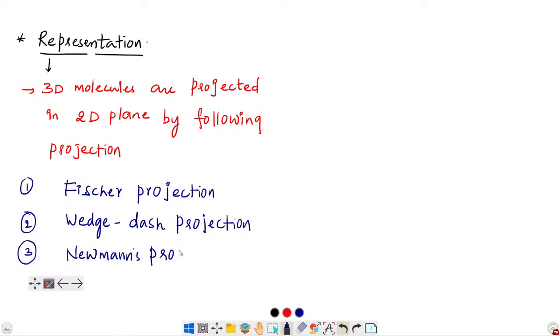And the third is Newman's projection. So by these three ways, usually we can represent 3D molecules on 2D paper.